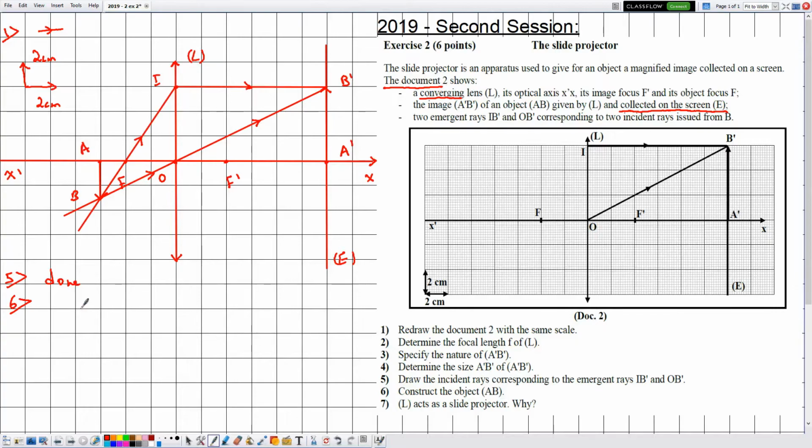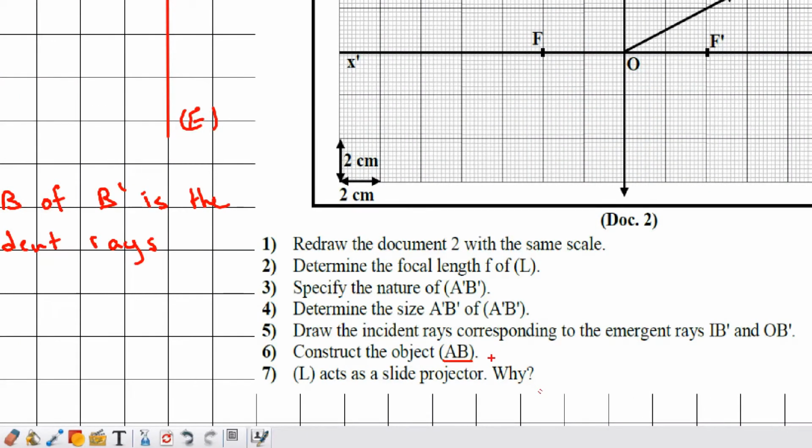And now let's do the justification. So what does B represent? Then the object B of which point B prime is the intersection of the incident rays. And notice that here the object AB consists of 2 points.